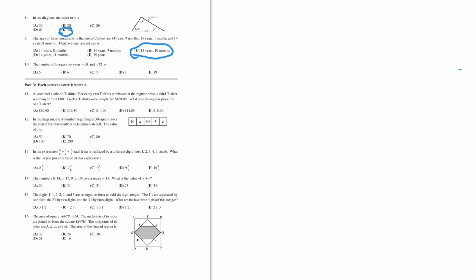Number 10. The number of integers between negative square root 8 and square root 32. They ask for integers, so we find the square numbers: 1, 4, 9, 16, 25, and 36.